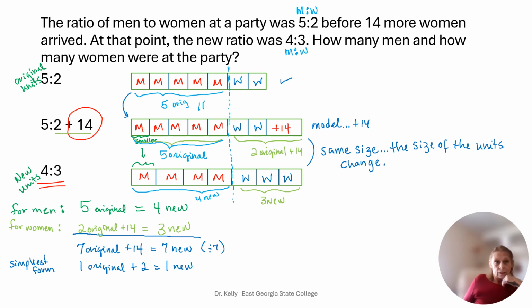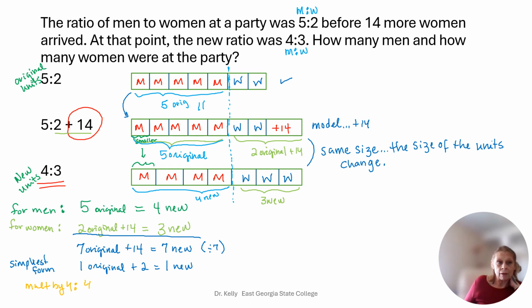Okay, now we need to know how to relate the 4 news to the 5 originals. That's really what we want to do. Since we can multiply or divide by any number here, I'm going to multiply this by 4.